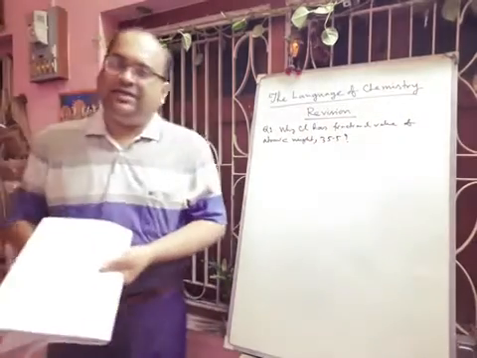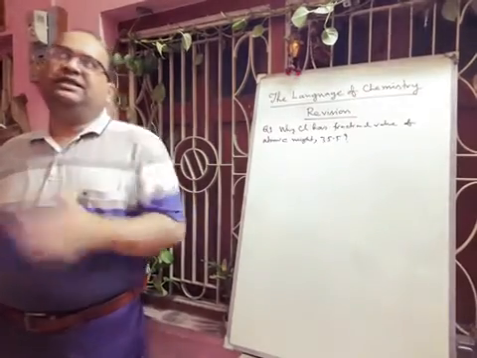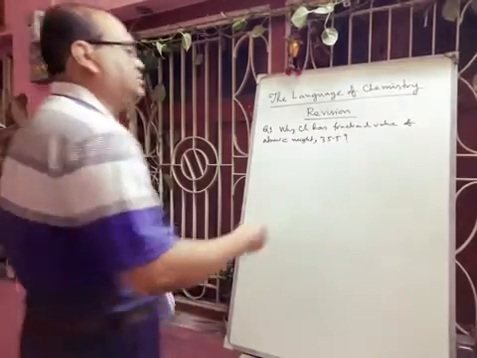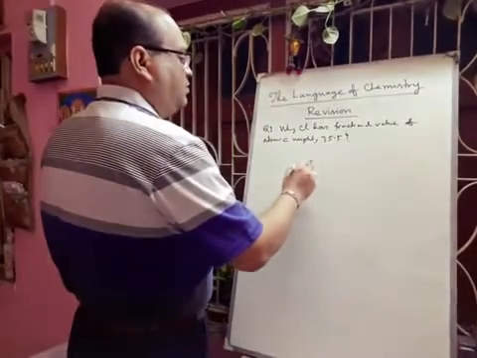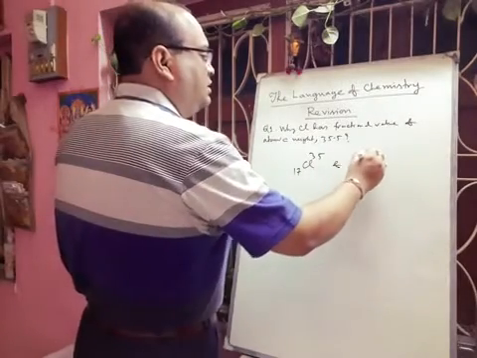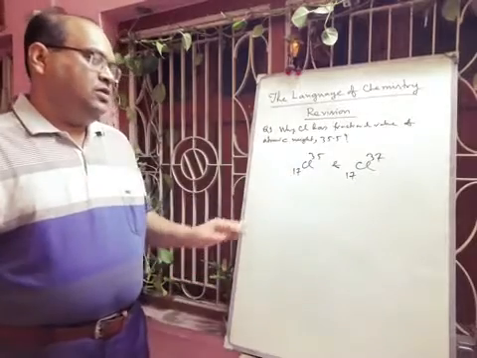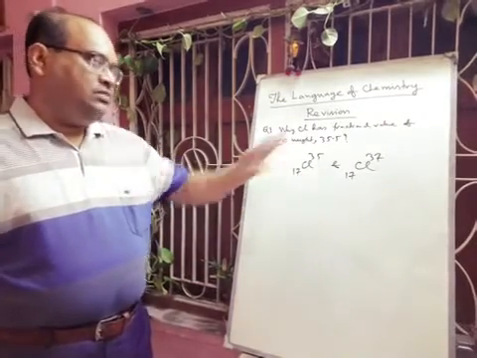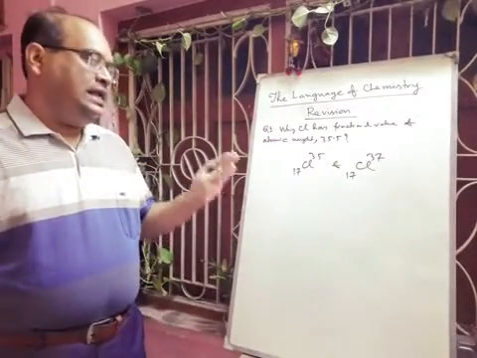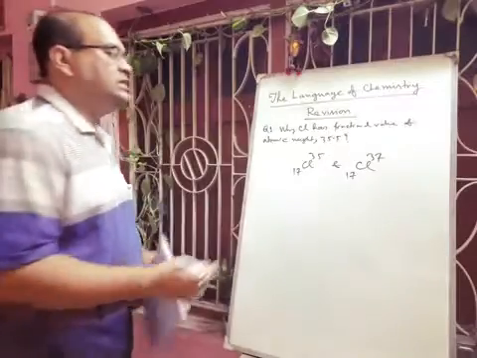So all of you know that chlorine has two isotopes. One is chlorine 17 35 and another is chlorine 17 37. Now, when we are calculating the atomic mass, we have to take the average. In nature, the abundance ratio of these two isotopes is 3:1.